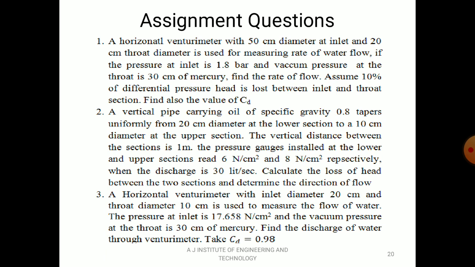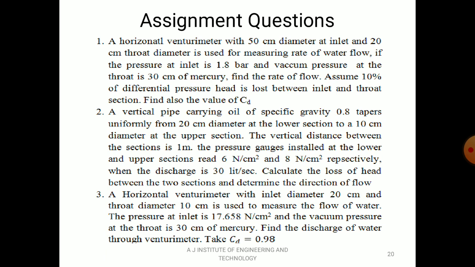Here it is given as upper and lower section. So you can consider the 20 centimeter diameter section as the lower section, that is 1. So D1 equals 20 centimeter, D2 equals 10 centimeter. It is a vertical pipe, so the larger diameter of 20 centimeter is given in the problem, and the top diameter is 10 centimeter.